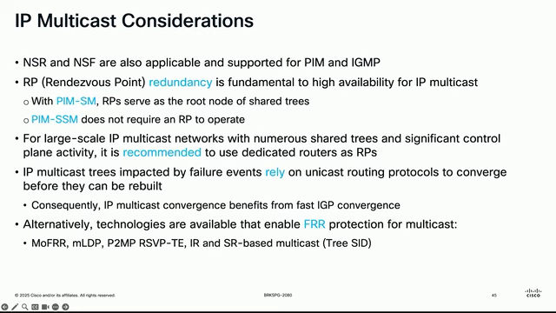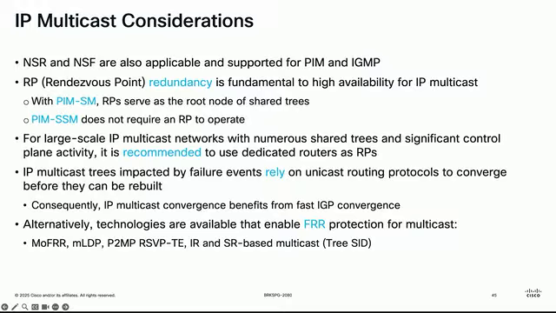Multicast also benefits from fast IGP convergence. Okay? Because multicast trees that are affected by a failure event can't be rebuilt until the IGP reconverges, right? So having a fast IGP benefits multicast convergence, right?